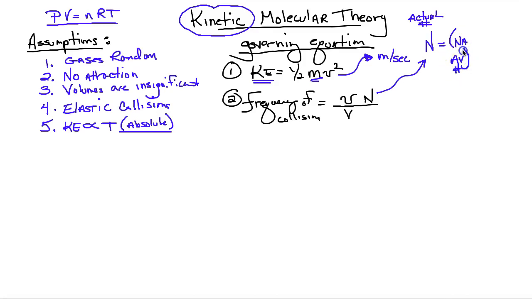That's what Na is, because I want to use that in our derivation. And if I times that by mole, we use lowercase n for mole, right? If you think about this, I have 1.5 moles, and 1 mole is equal to what? 6.02 times 10 to the 23. So if I have 1.5 moles and I want the total number of particles, I would take 1.5 moles and times it by that number. So it's important that you understand this is the total number of particles. How fast they go in the space they're in will give me the frequency of collisions.